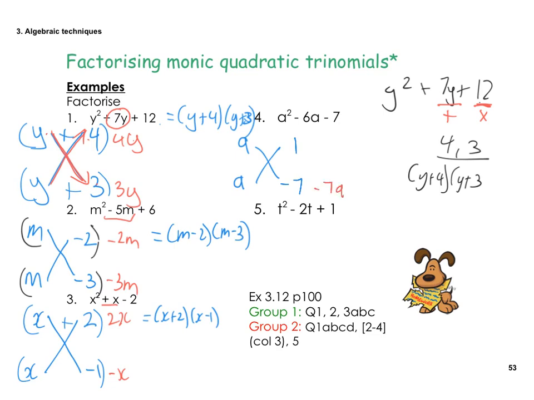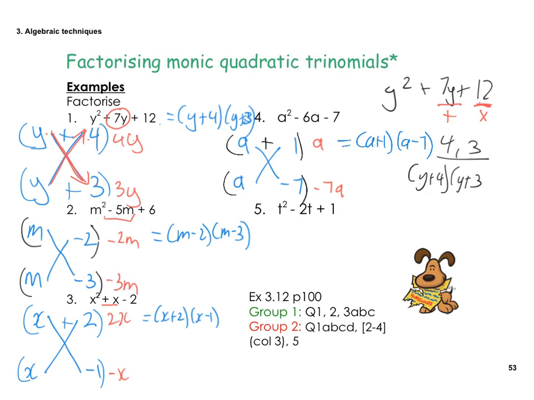A times 1 is a. A minus 7a is -6a. 1 times -7 is -7. So my answers are just here. So equals a plus 1, a subtract 7.